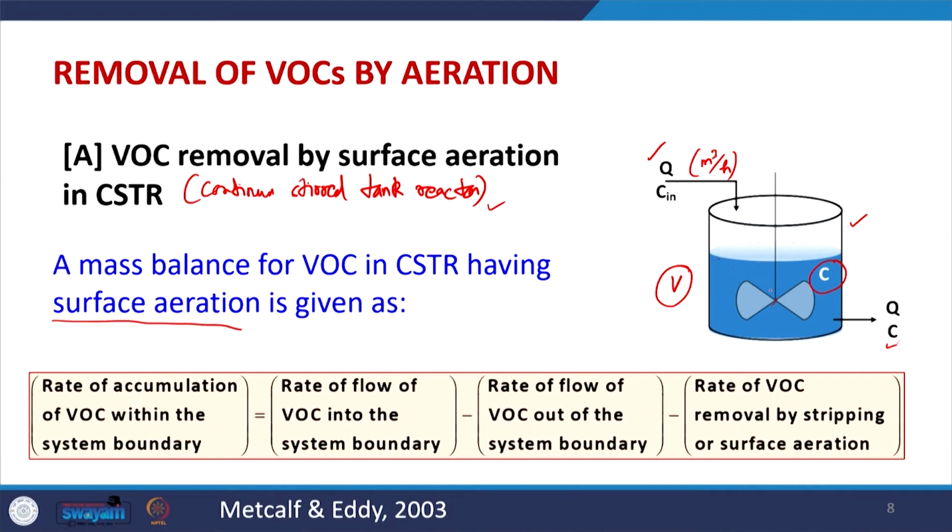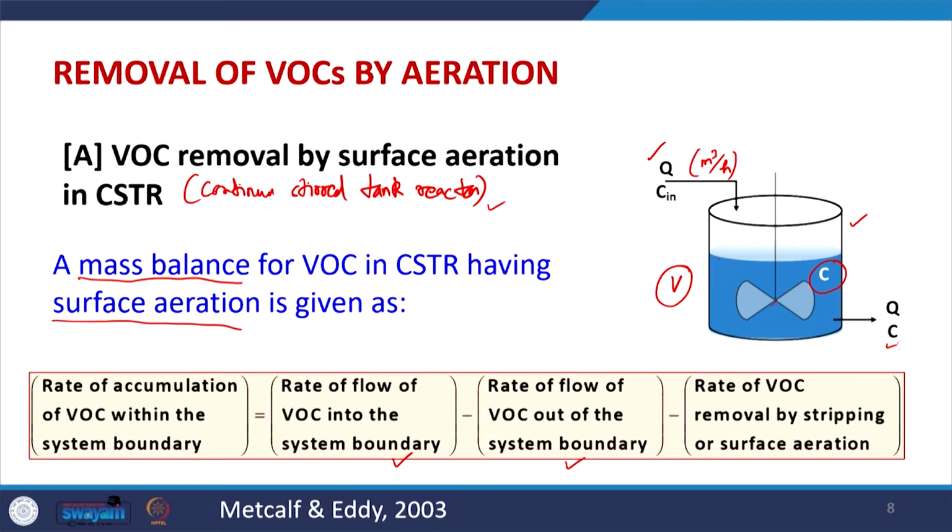So, for doing this we have to initiate the process by performing a mass balance for VOC in the CSTR, having surface aeration via a mechanical agitator type of system. So, what is the rate of accumulation of VOC within the system boundary? For this we apply the mass balance. Any rate of accumulation will be equal to the rate of flow of VOC into the system boundary, which is given here, minus the rate of flow of VOC out of the system boundary.